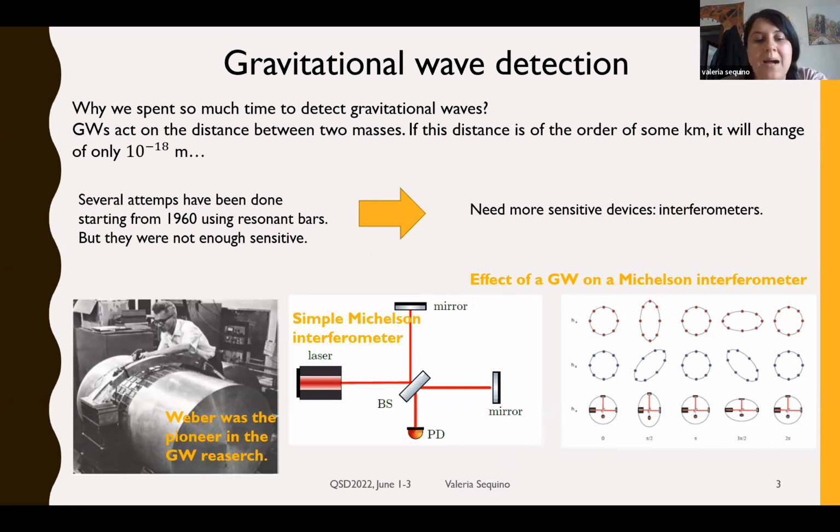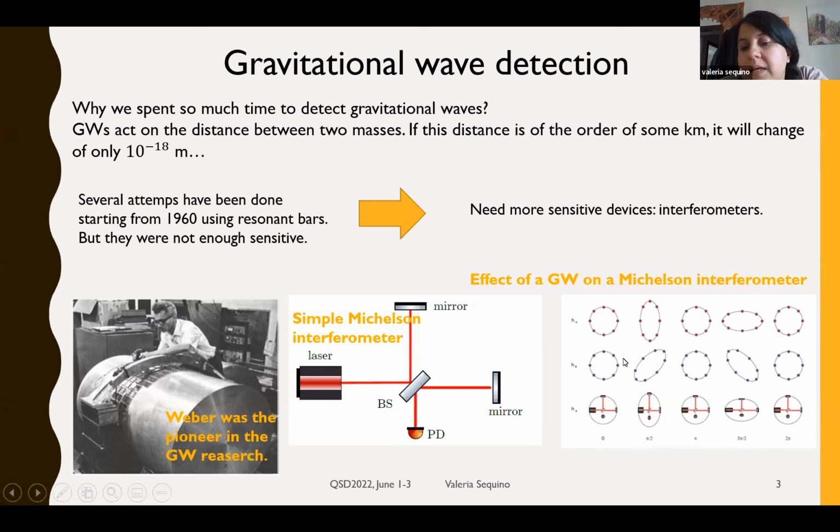Here we can see a simple Michelson interferometer where we have a laser, we have a semi-transparent mirror that is called the beam splitter, and part of the light is reflected and goes to a mirror, the other part is transmitted, and after the two mirrors reflect back the light, they arrive at a detector. In this last picture, we can see the effect of a gravitational wave on a Michelson interferometer.